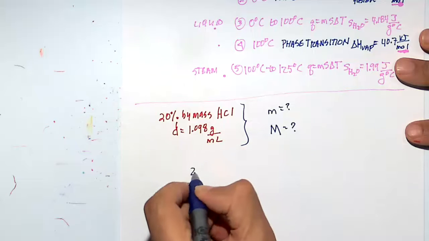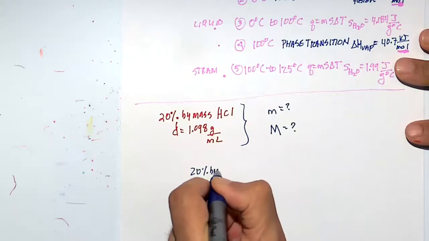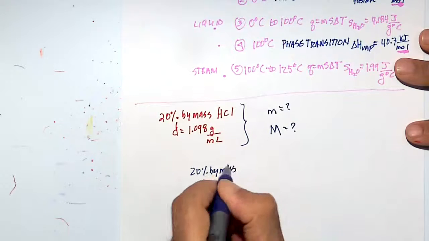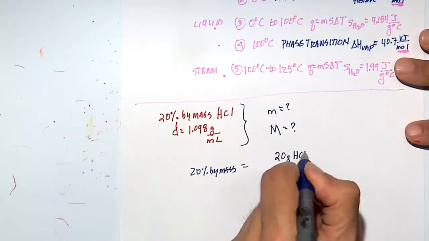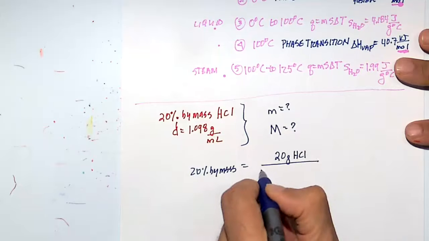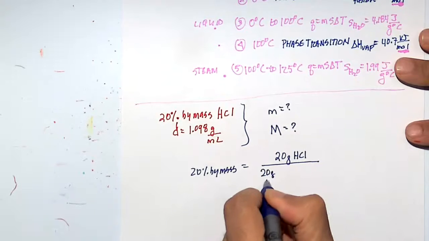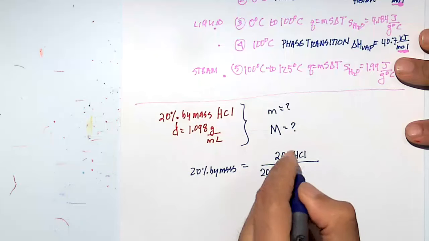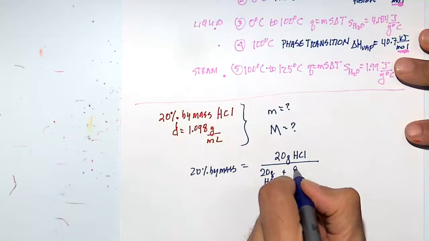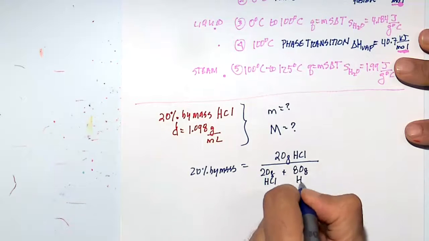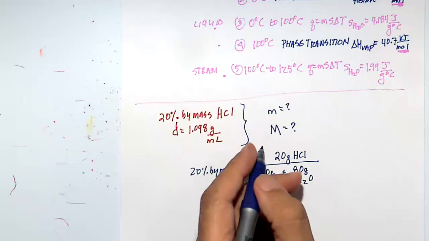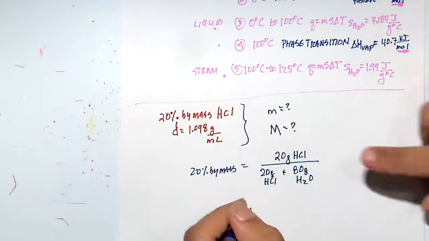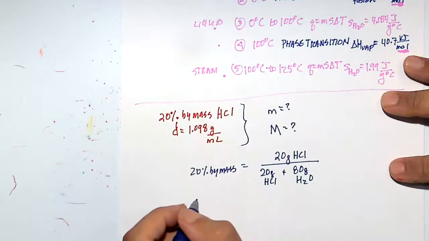All right, so 20% by mass HCl basically means we have 20 grams of HCl over 20 grams of HCl plus how many grams of water? Okay, 80, because it's a percentage. So we can convert this HCl into moles.